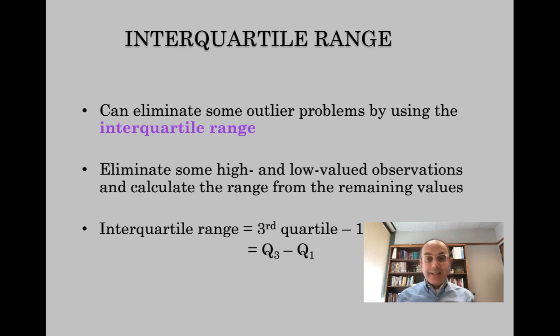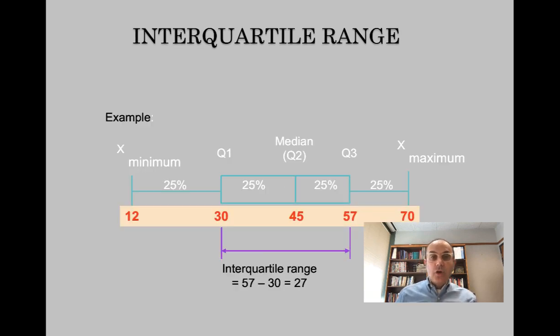It is the idea that we will take the quartiles, we will divide the data into 4 parts, and we will take quartile 3 minus quartile 1 in order to find the interquartile range. So in this case, 57 minus 30 equals 27, and that will be the interquartile range, which will give us the range between quartile 1 and quartile 3.